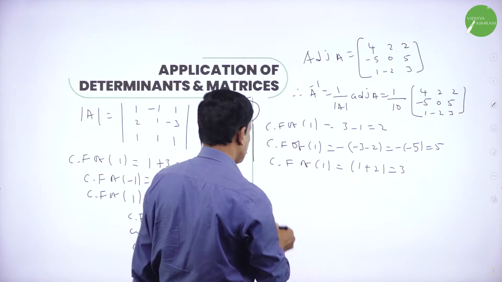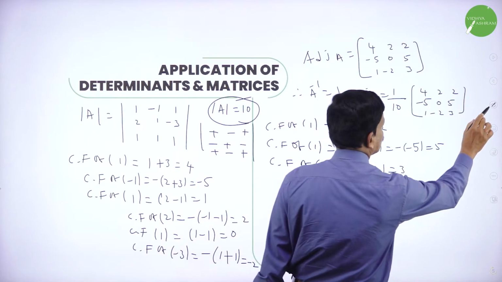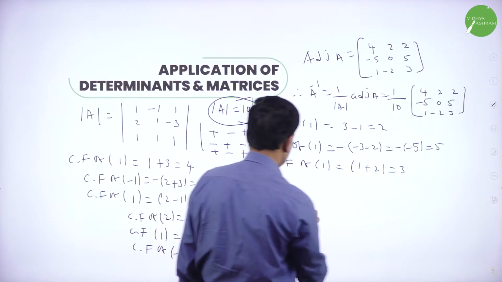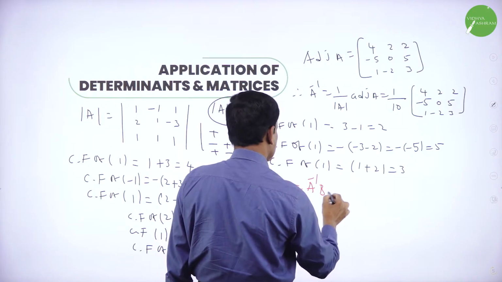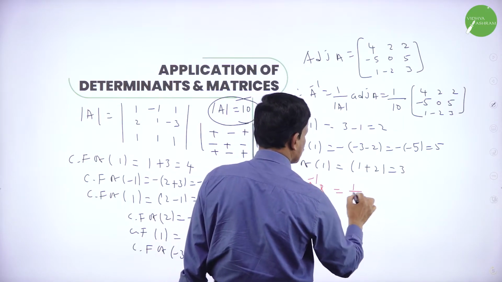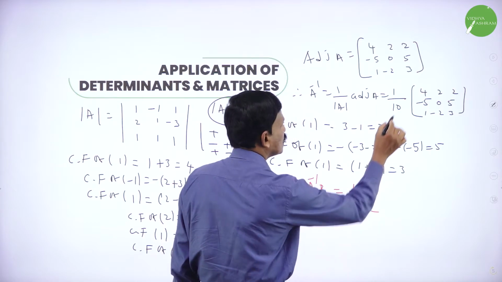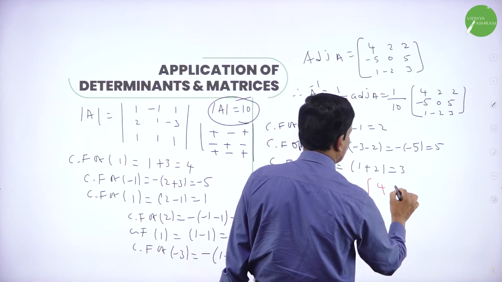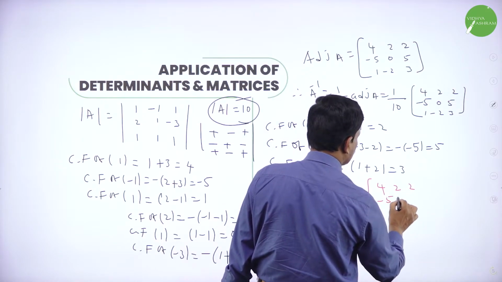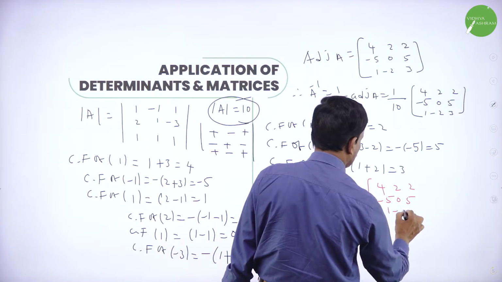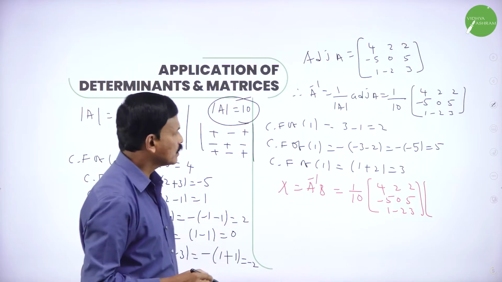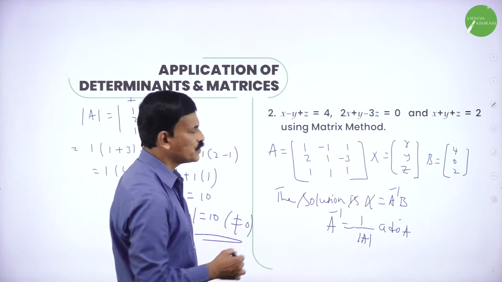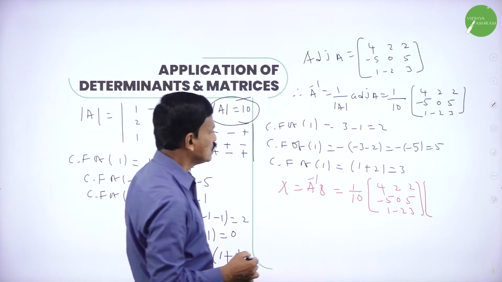Now the solution is x is equal to A inverse B. So that is 1 over 10 into the inverse values 4, 2, 2, minus 5, 0, 5, 1, minus 2, 3 and B. B from the previous page is 402.